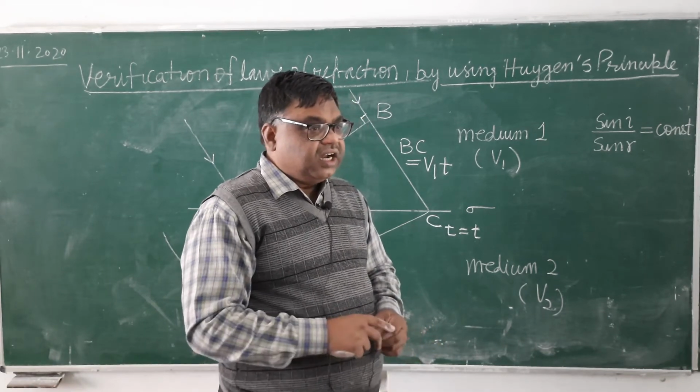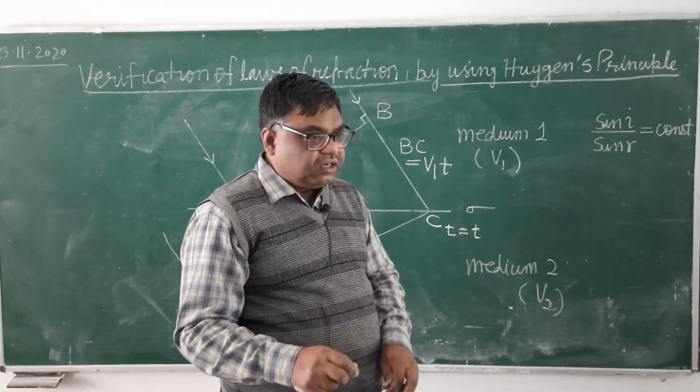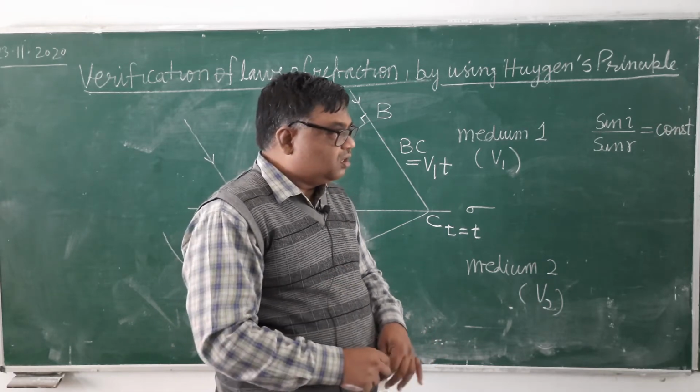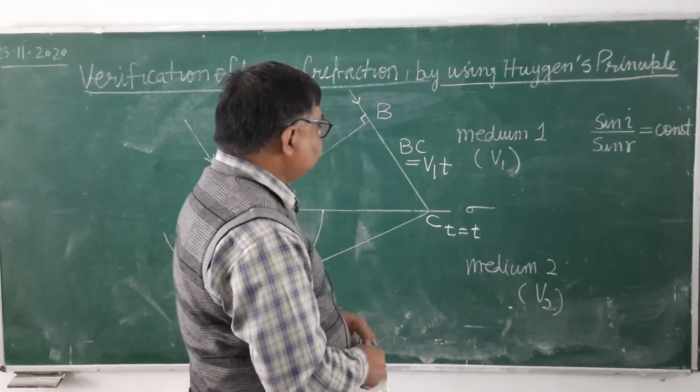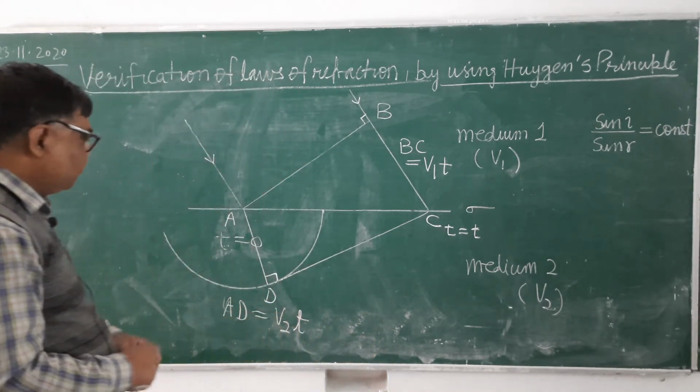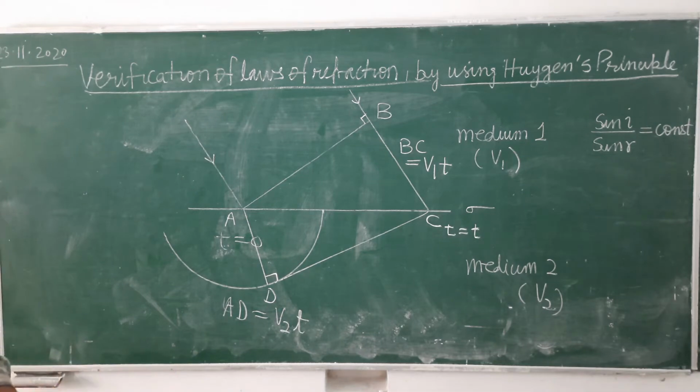It's clear. Let AB be a plane wavefront which is incident at point A of the refracting surface at time t equals to 0.